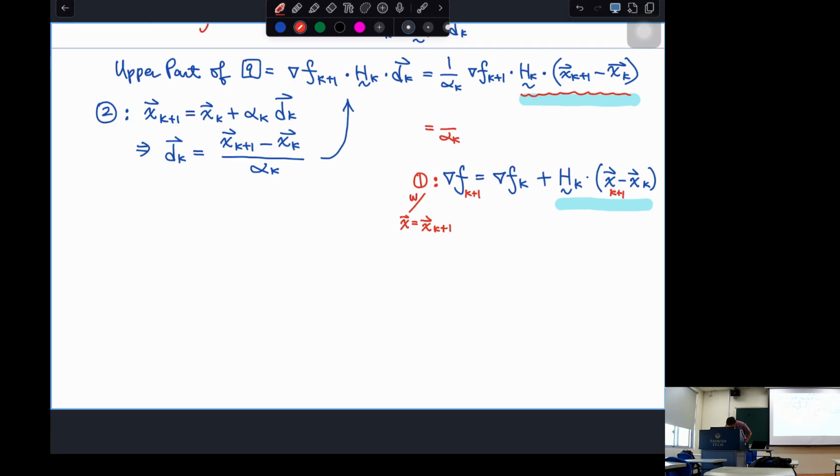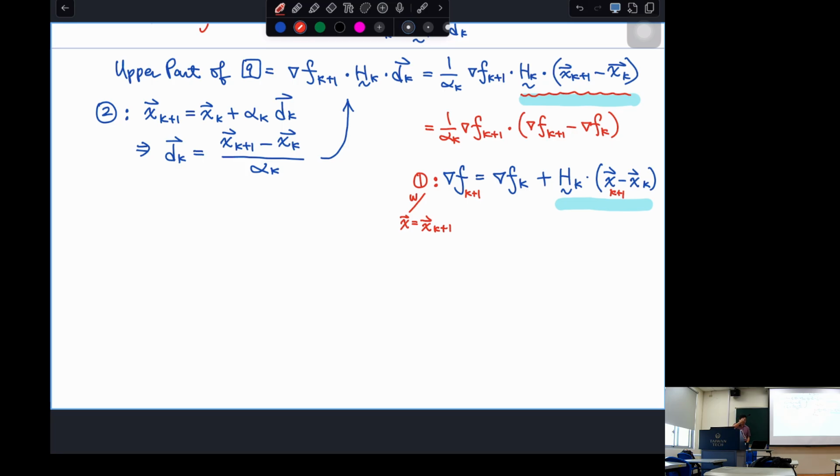It becomes alpha k gradient f k plus 1 dot gradient f k plus 1 minus gradient f k. Right?